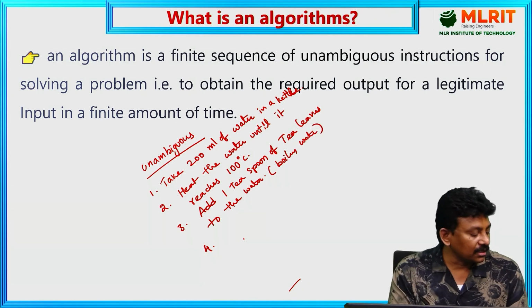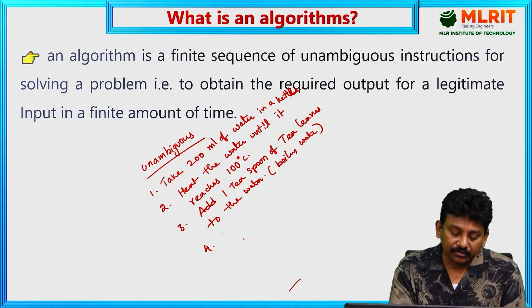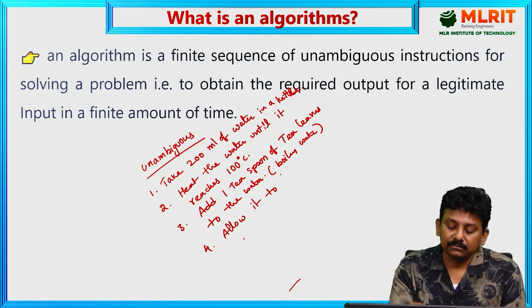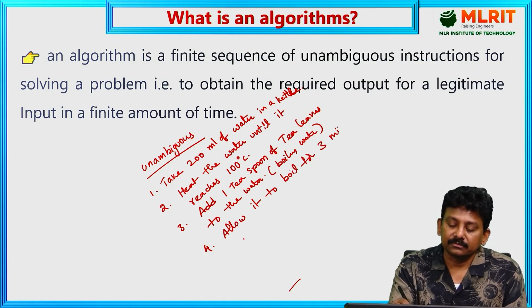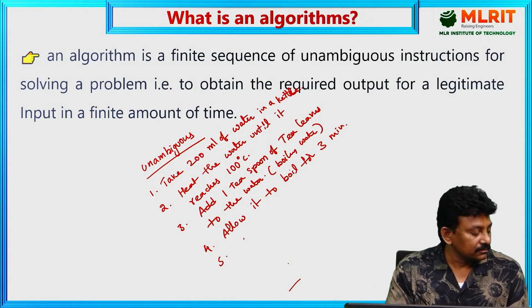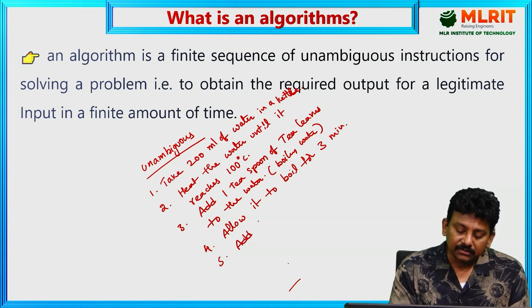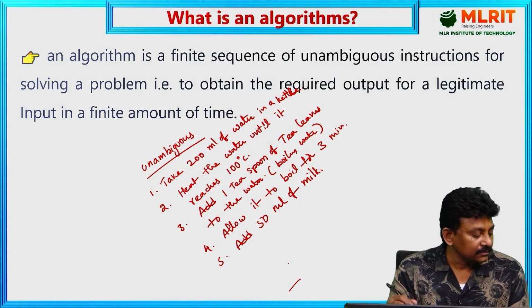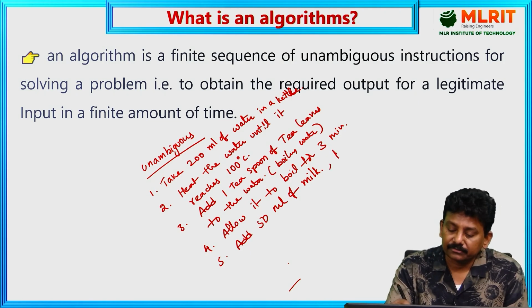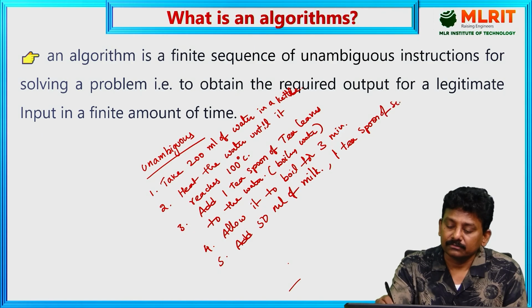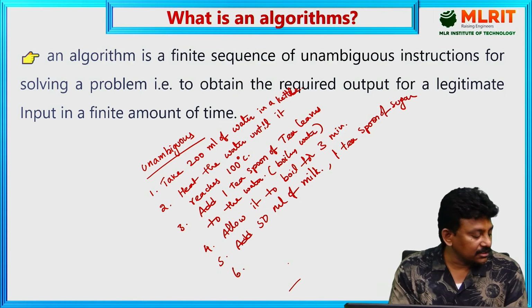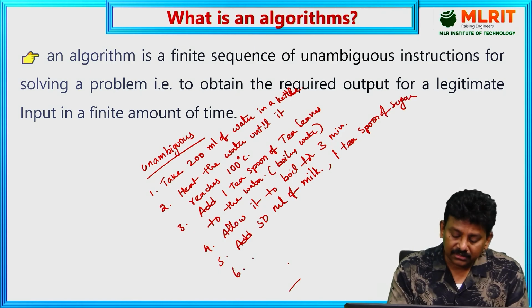Fourth instruction, allow it to boil for 3 minutes. Then add 50 ml of milk and 1 teaspoon of sugar. Last step, stir for 30 seconds and serve.